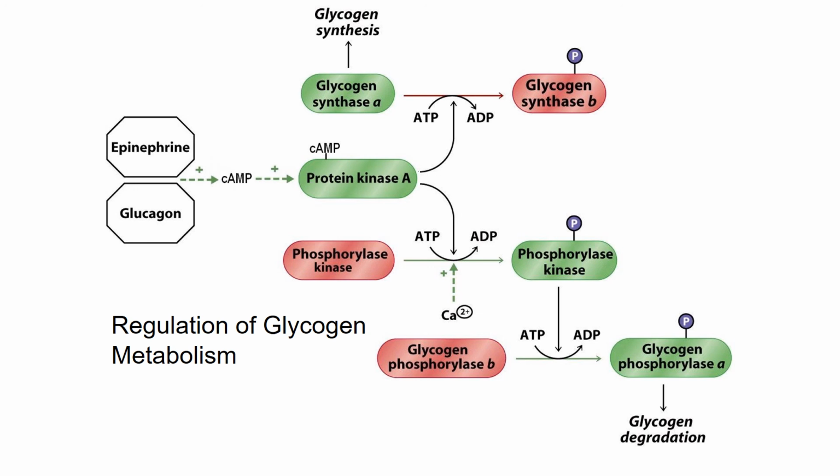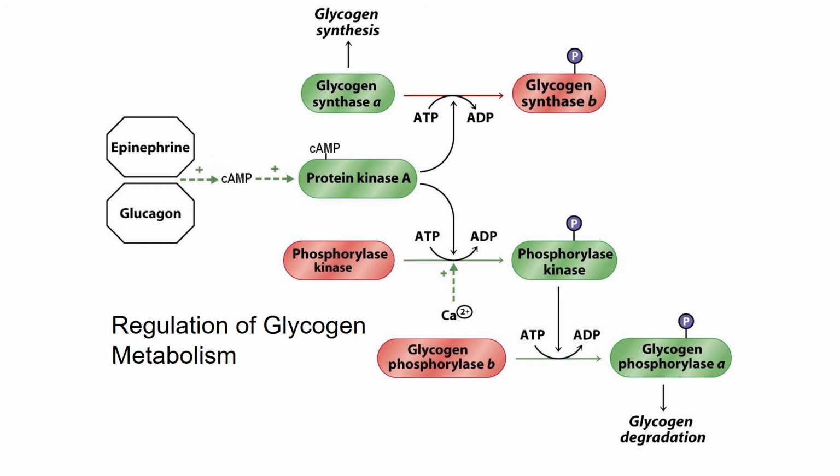Conversely, this enzyme, phosphorylase kinase, is inactive unless it's phosphorylated. So protein kinase A phosphorylates phosphorylase kinase, and we get the active phosphorylase kinase in this phosphorylated state, which then in turn activates glycogen phosphorylase B, and we start degrading glycogen.